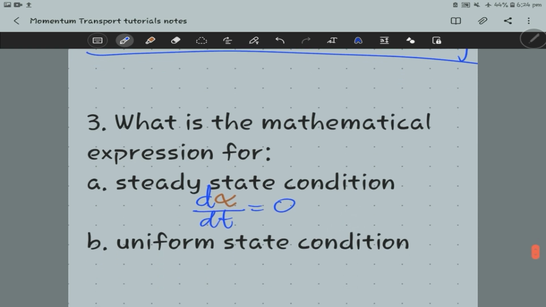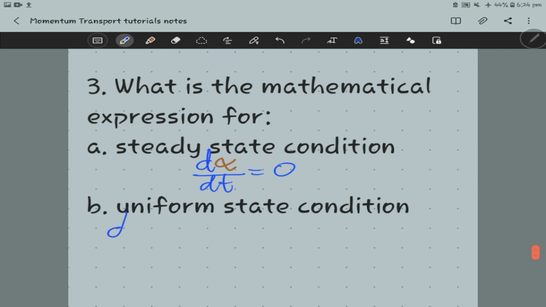And then the uniform state condition is where, depending on the coordinate system, you could have it this way. So let's say we are talking about it in a rectangular coordinate system.